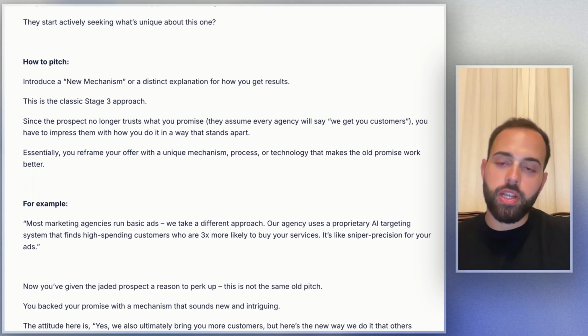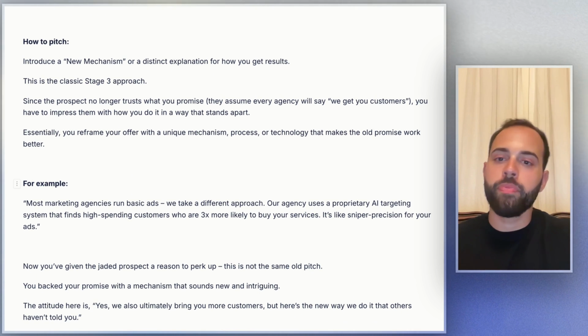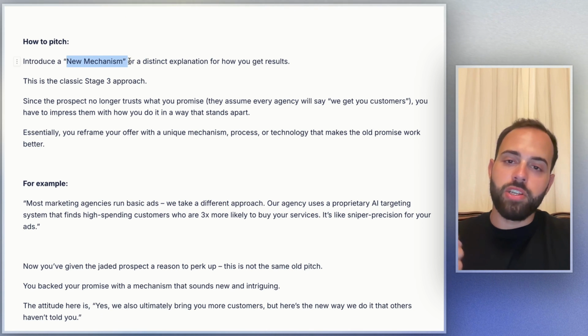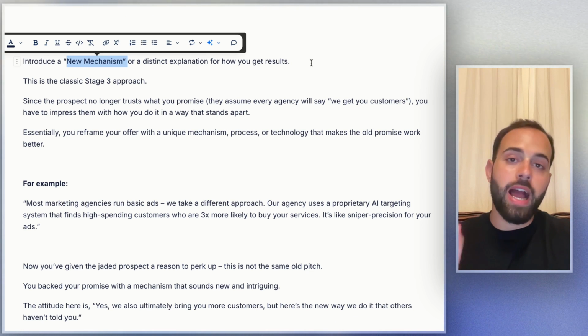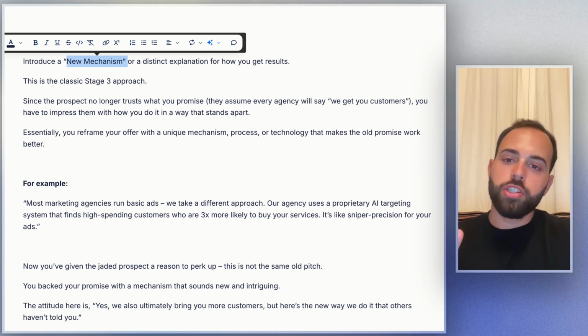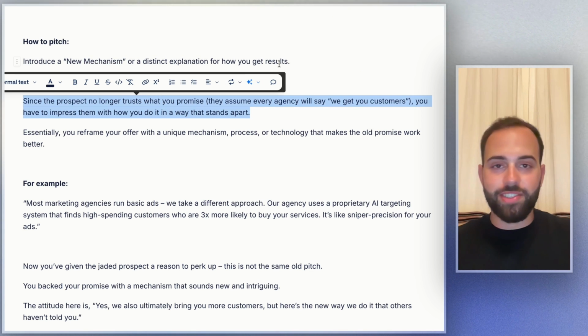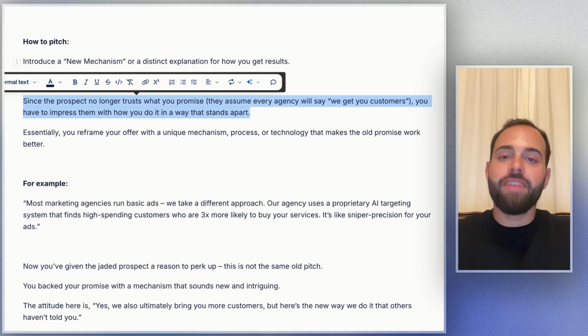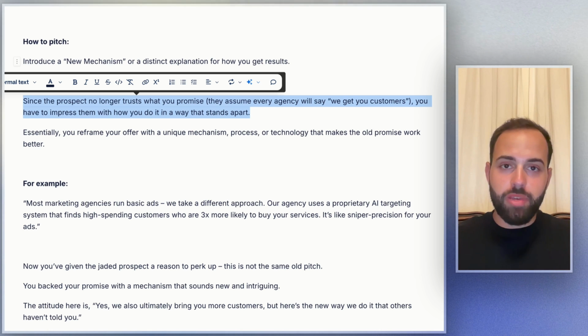So, how do you pitch in a stage 3 market? Well, now it's very important that you introduce a new mechanism or a distinct explanation for how you get results. This is the classic stage 3 approach. Since the prospect no longer trusts what you promise, because everyone is promising exactly what you're promising, whether you like to believe it or not, there are hundreds of people, maybe even thousands of people in certain markets that promise the exact same thing as you.